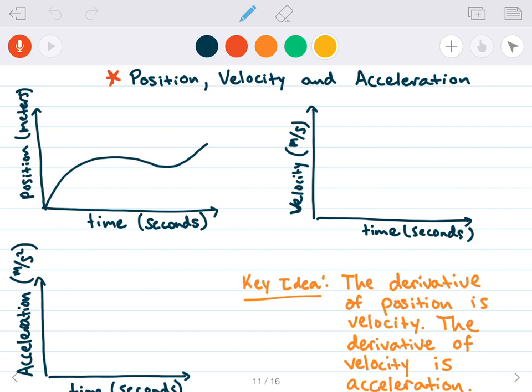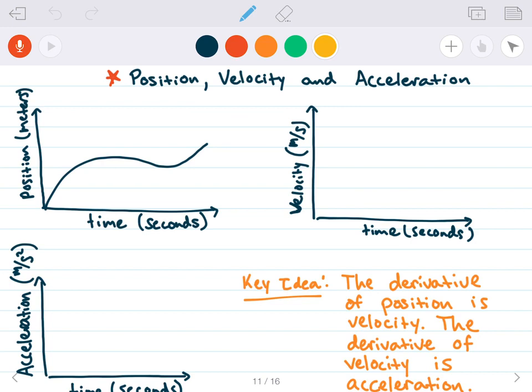So if I'm just driving my car on the interstate at 60 miles per hour, then I have positive velocity because I'm going forward. So that's going to be positive 60 miles per hour. And if I'm going backwards, if I'm going in reverse 60 miles an hour, then that's negative velocity.